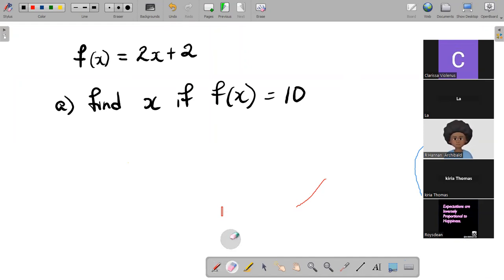Do you know what to do with this question here? So all I need you to tell me is yes or no. They say find x if f of x is equal to 10. What is the answer?